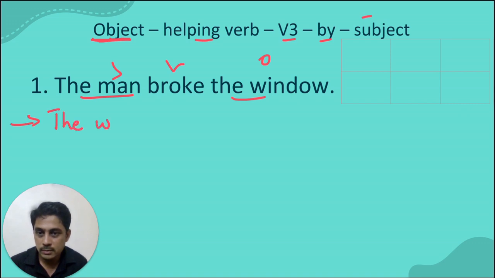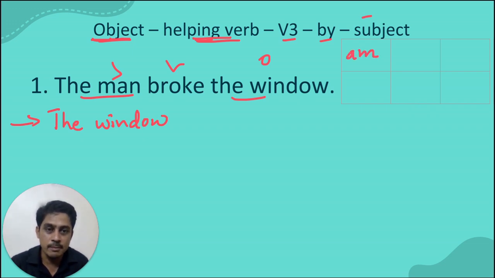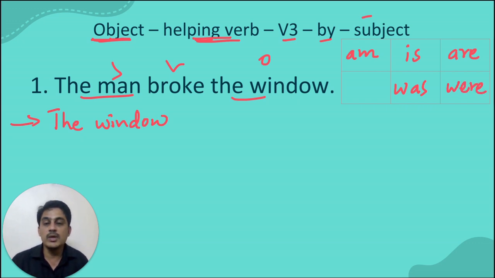The window. Now using the helping verb. We will use the helping verb of be in this sentence. What are the helping verbs of be? Am, is, are, was and were. These are the helping verbs of be. So, while deciding which helping verb to use, we should first see what is the tense of the verb in the sentence.